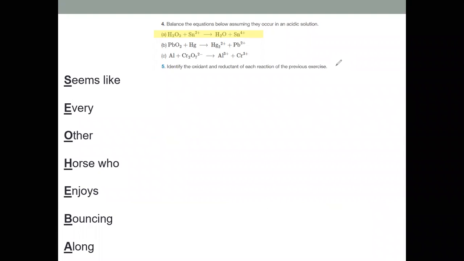Just clear that one off and do one more example. And let's see which example that will be coming up.